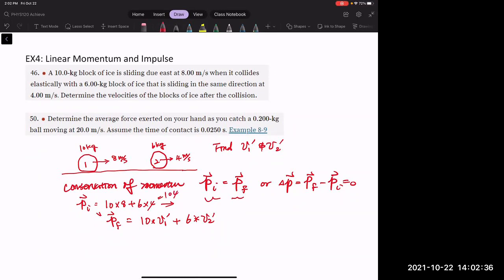But on the right-hand side, they have 10 V1 prime and 6 V2 prime. So you have two unknowns. You cannot simply solve this problem by using this equation. You need an additional equation. That additional equation in this case is that kinetic energy is also conserved.